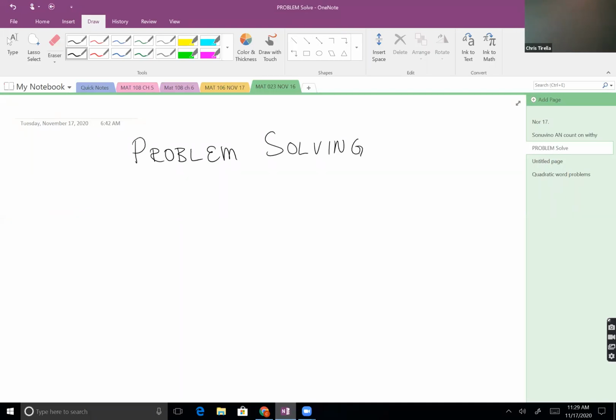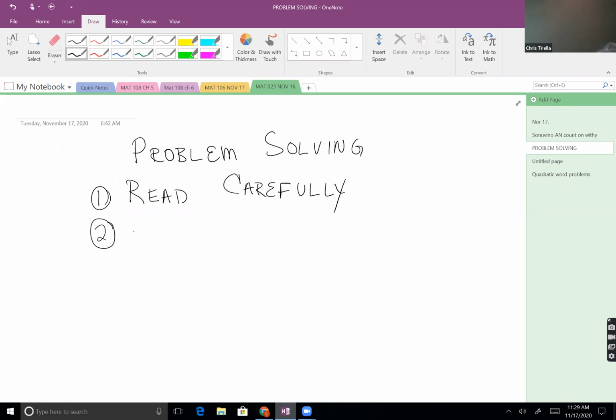And when I look at problem solving, which we've done already, first directive is always to make sure you read carefully. Second, there's usually many ways of solving a problem, but because this is an algebra class, we're going to try to solve them algebraically.